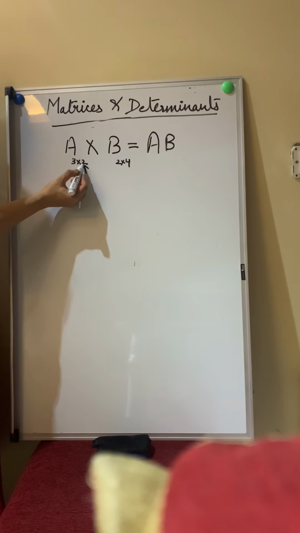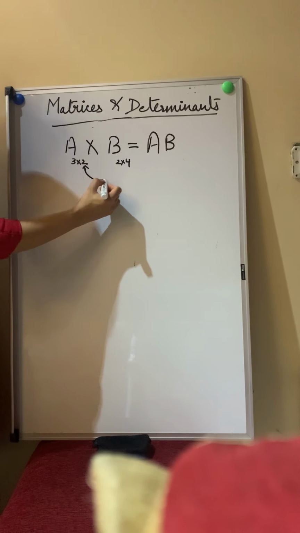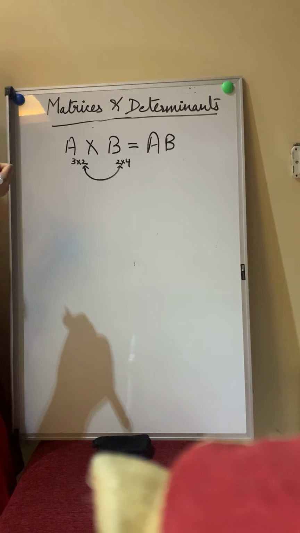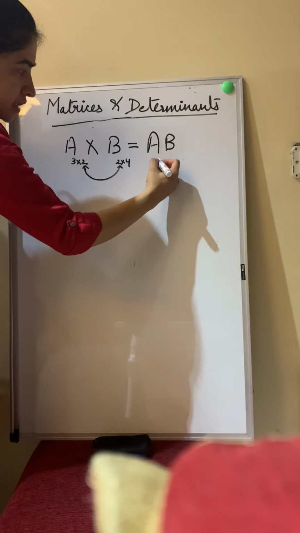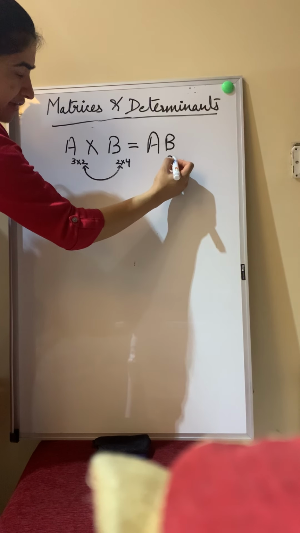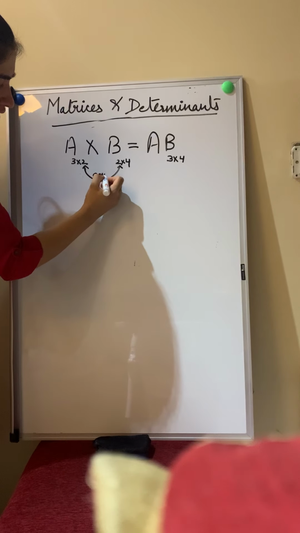So n of A should be equal to the m of B. This should be equal, and the resulting matrix will have the order of 3:4.